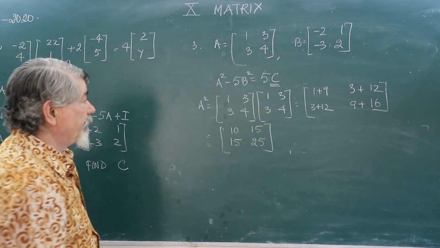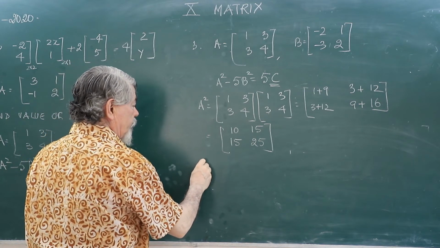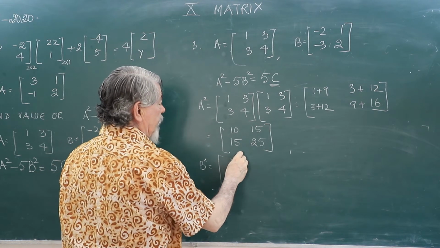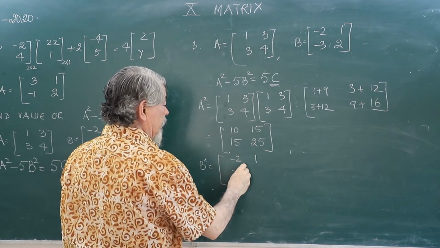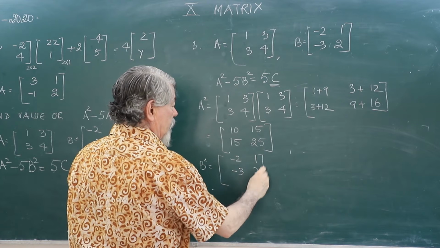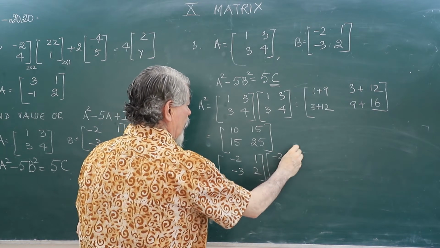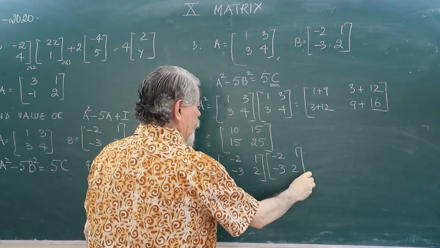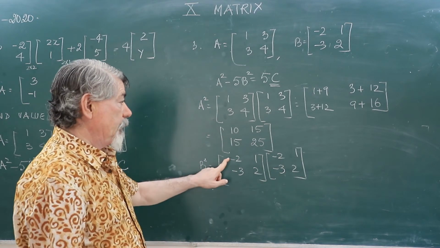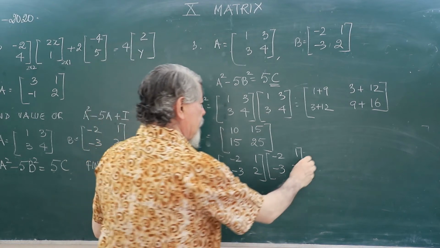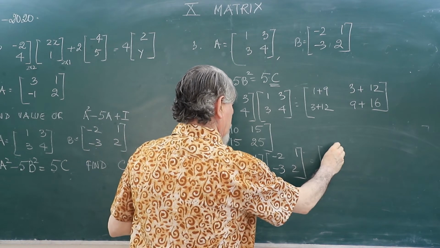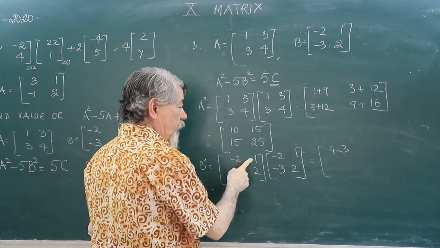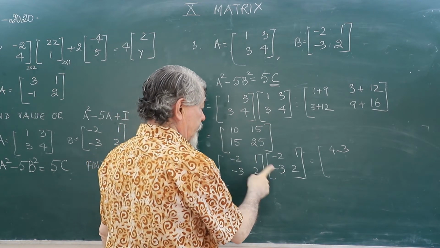Let us calculate 5B square. First of all, B square. B square means B into B. Minus 2, 1, minus 3, 2, multiplied with minus 2, 1, minus 3, and 2. Let us multiply them. Minus 2 into minus 2 will be plus 4 and minus 3. 1 into minus 3 is minus 3.